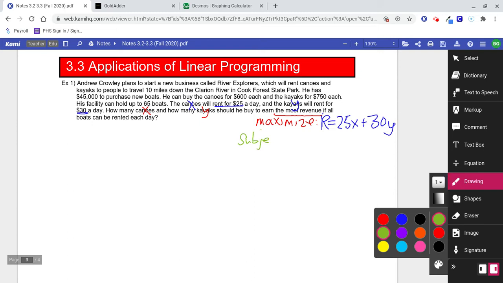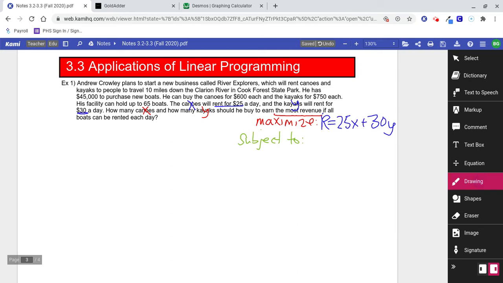subject to, okay? And then 45,000 to purchase new boats. I know something's going to be less than or equal to 45,000. Okay, but if you look at talking about purchasing new boats, it says he can buy the canoes, that's X, for 600, and the kayaks, that's Y, for 750.